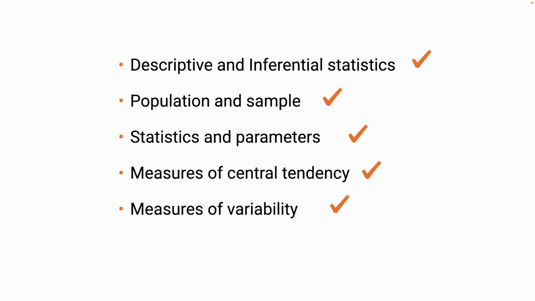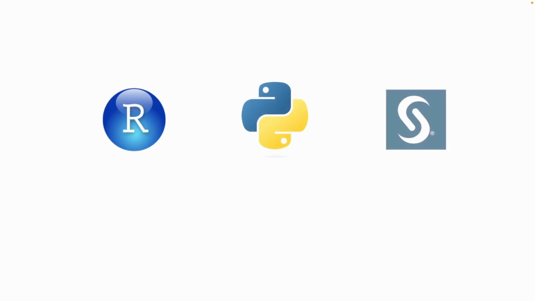This understanding is very important when you perform statistical analysis and interpret the result. The measures can be easily calculated by statistical software such as R, Python, or SAS. In the last part, we will calculate the measures of central tendency and variability using R.